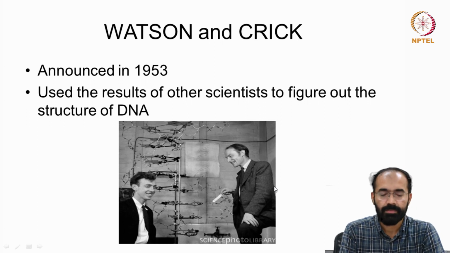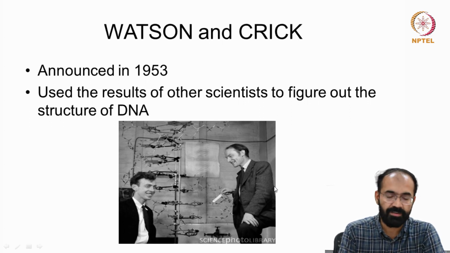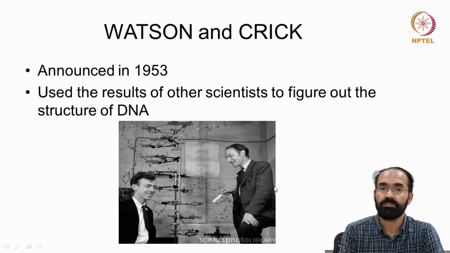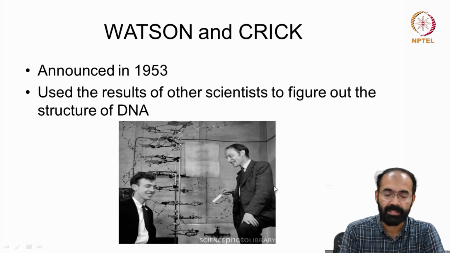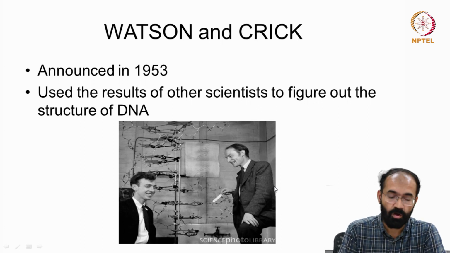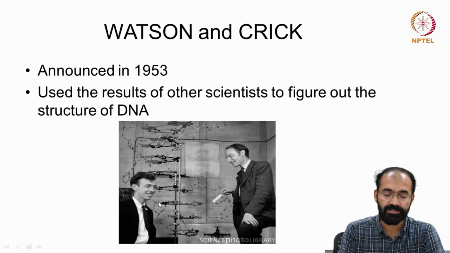They depended on the X-ray crystallography results from Maurice Wilkins, Rosalind Franklin, etc., and they discovered the structure of the DNA. So this is a picture of Watson and Crick.